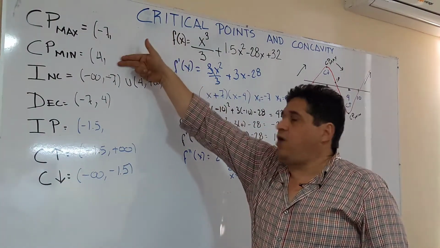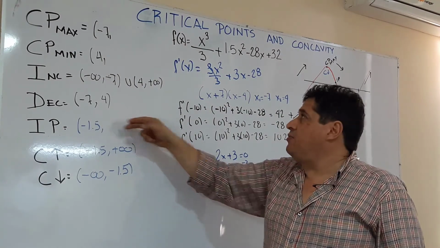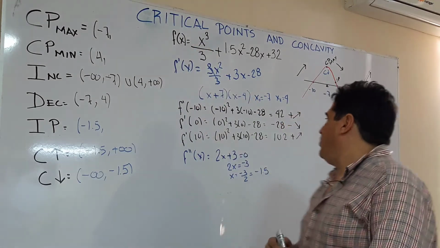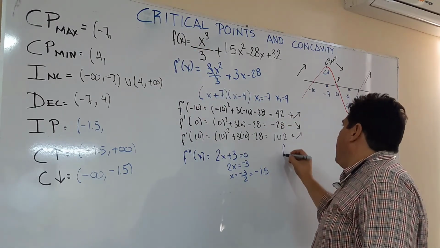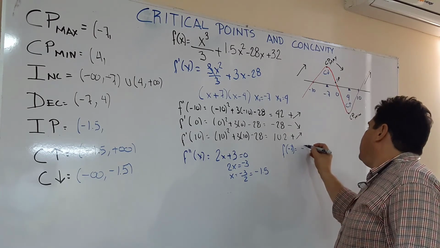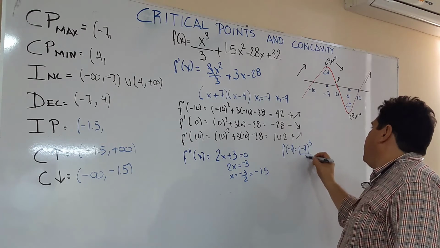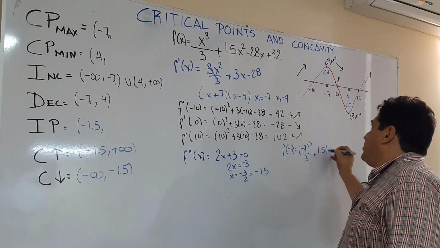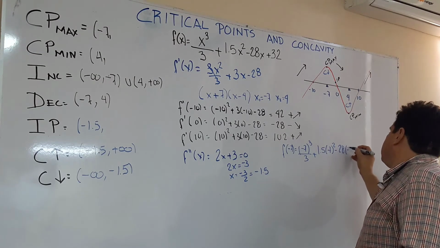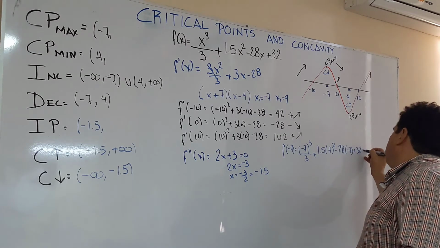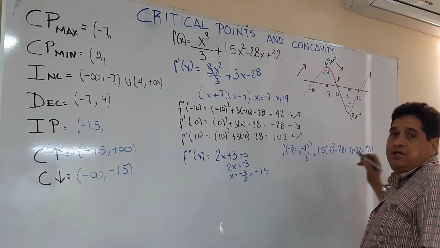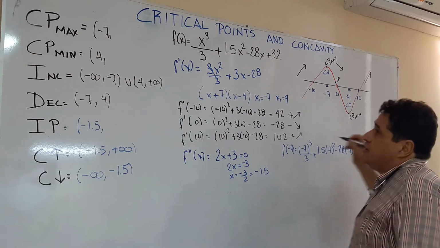Now, I need to get my y values. So I'm going to plug my values into the original function. So f of minus 7 is going to be equal to minus 7 cubed over 3 plus 1.5 times minus 7 squared minus 28 times minus 7 plus 32, which gives me 187.167.